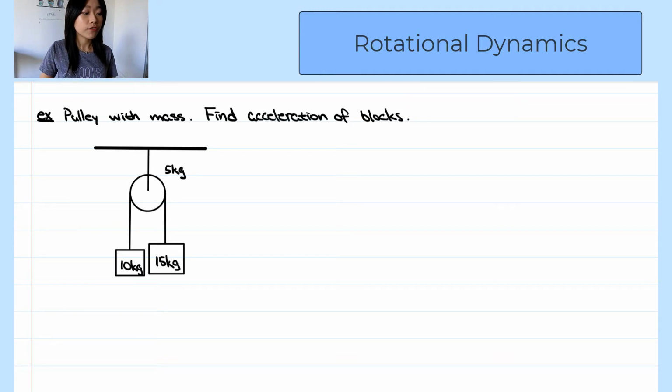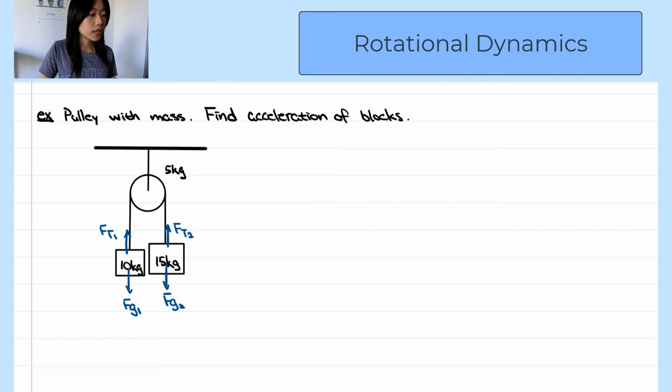Let's start with drawing the forces on the objects. On the 10 kilograms, there is the gravity force that is pointing downward. Let's call it Fg1. And there is the tension force that is pointing upward. Let's call it Ft1. On the 15 kilograms, there is also the gravity force and tension force.